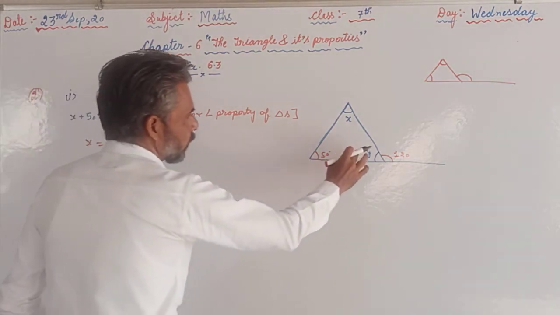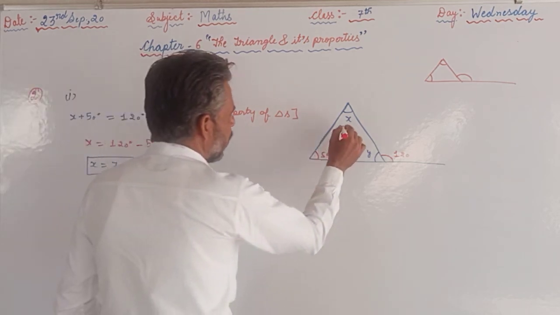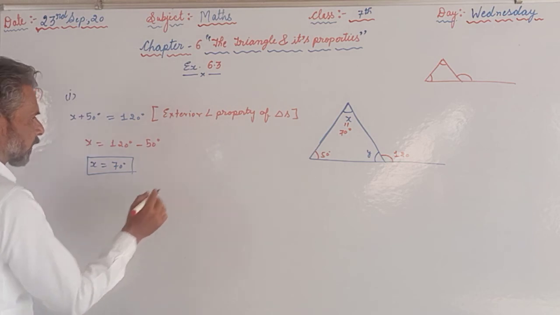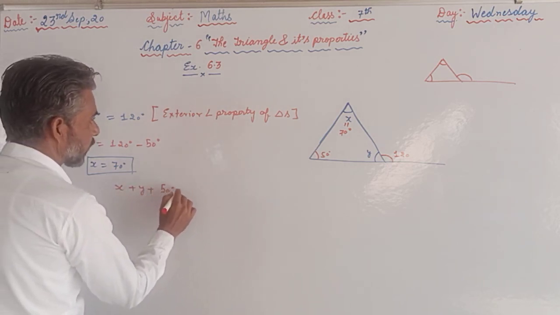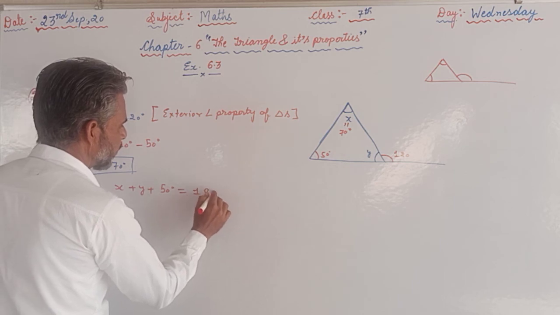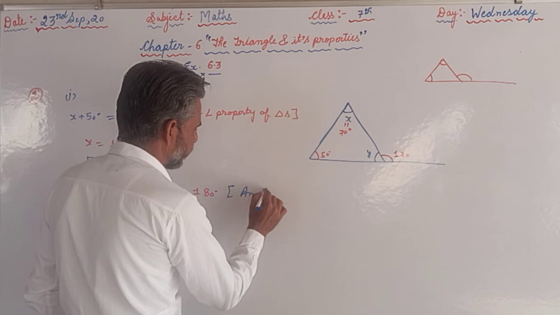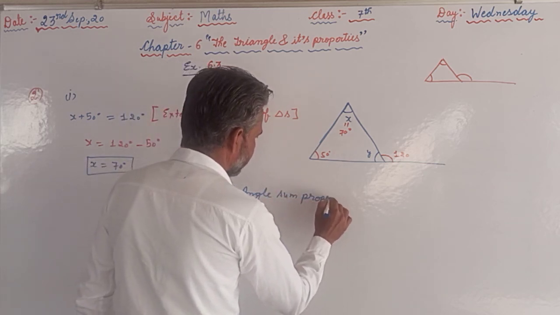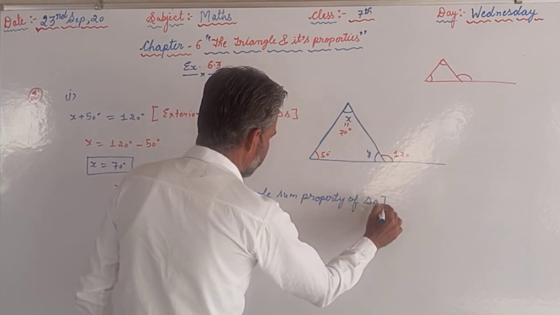Now we have to find y. Two methods are there. Either with this value we got, that is 70 degrees, from here we can write x plus y plus 50 degrees is equal to 180 degrees. What is the reason behind that? That is angle sum property of triangles.